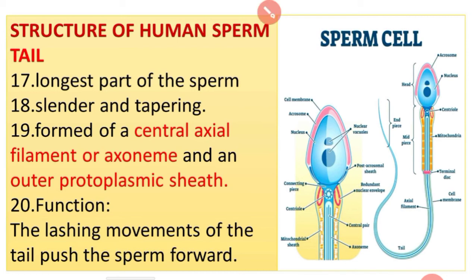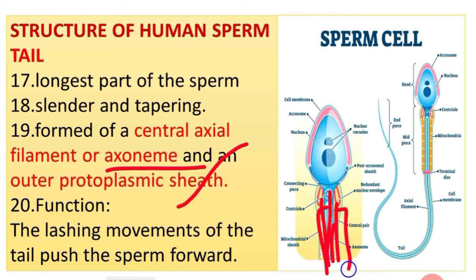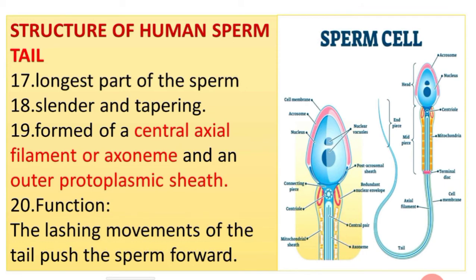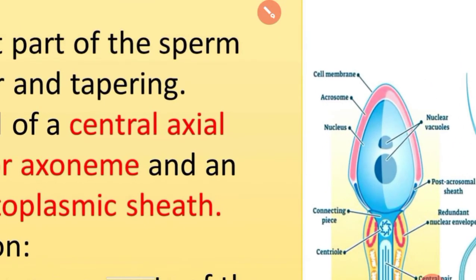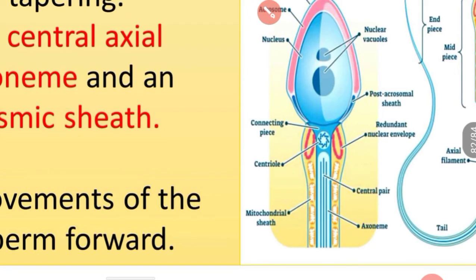This central axial filament is called the axoneme, and there is an outer protoplasmic sheet around it. Shall we recall it again? See the picture, it's a mitochondrial sheet. Everything we completed.